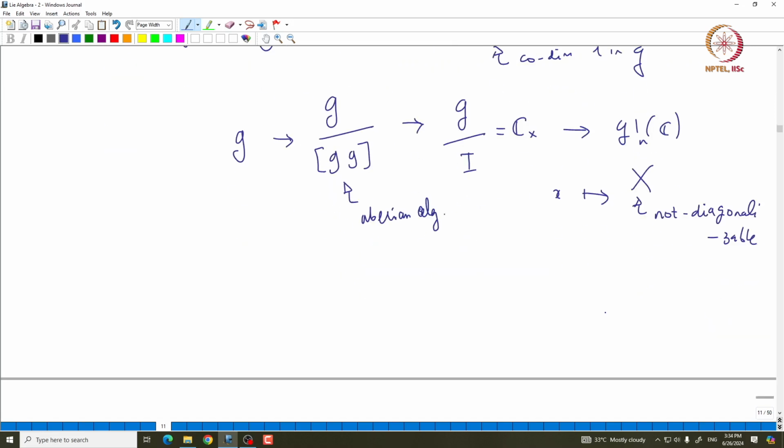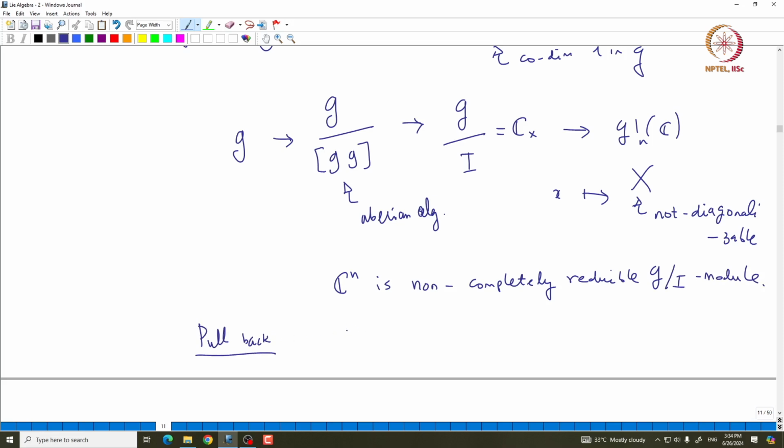Then that tells you that this Cn is a non-completely reducible G modulo I module. Now by pulling back, that gives you a non-completely reducible G module.